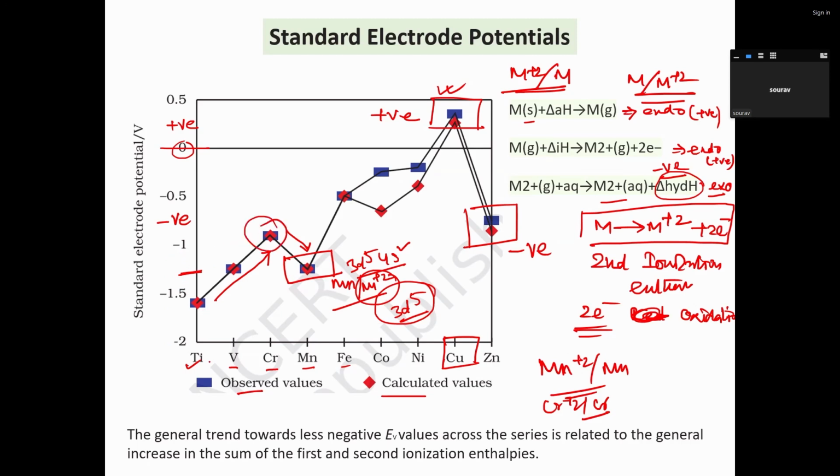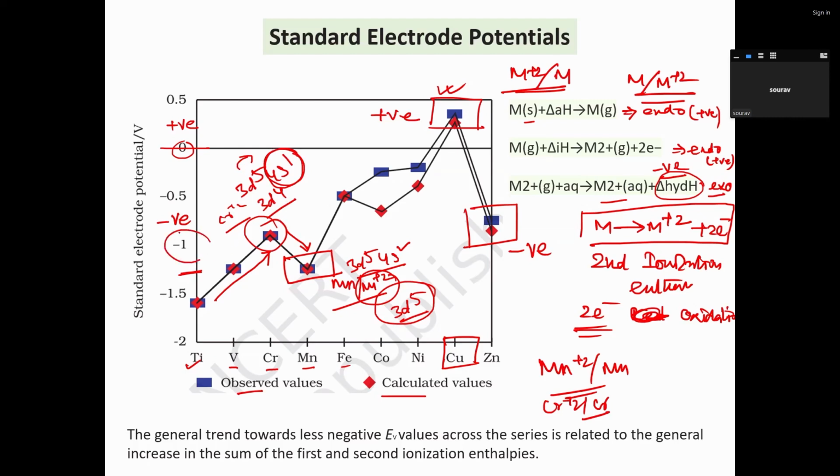Okay, for titanium, vanadium, chromium, when we are talking about chromium, the electronic configuration is 3d5 4s1, but when it is chromium plus 2, the electronic configuration is 3d4. After the one electron reduction, the second electron reduction is more difficult for chromium.